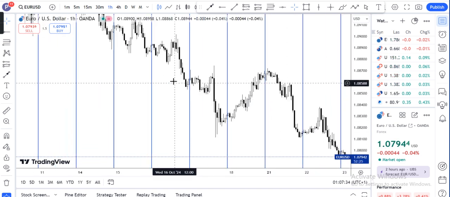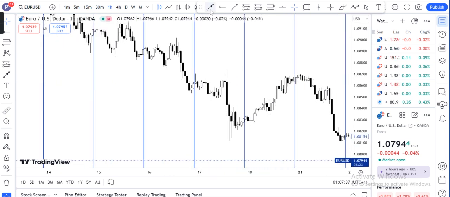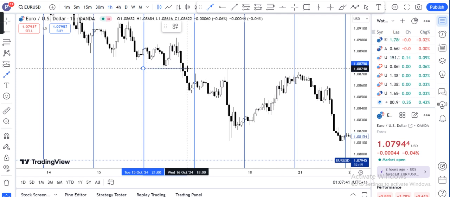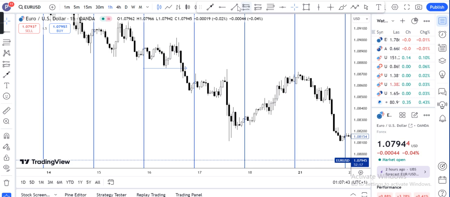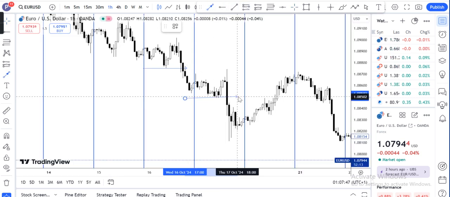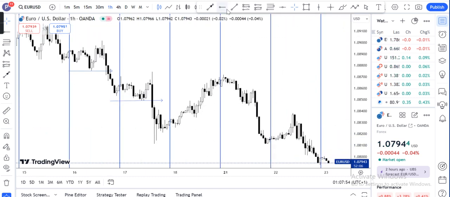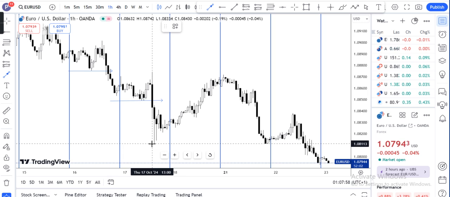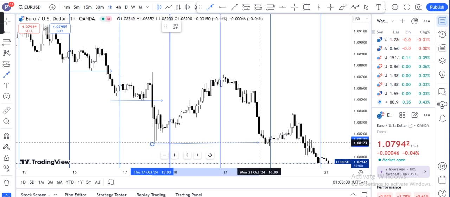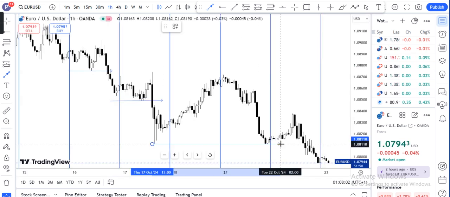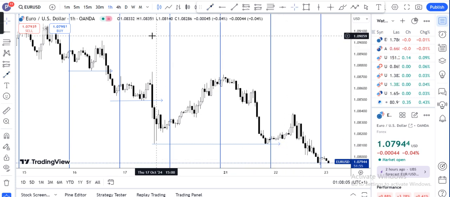Now on the smaller time frame, what did we do? We saw on the previous day, on the downtrend, a break of structure here, and then another break of structure also here. That being the case, this was our level of take profit, which is now a new break of structure. Now what did we do?